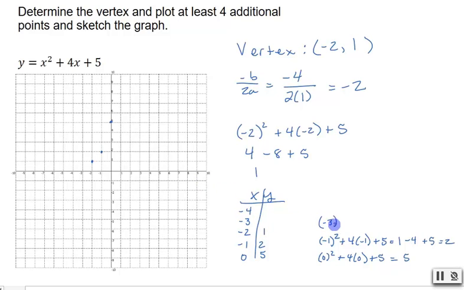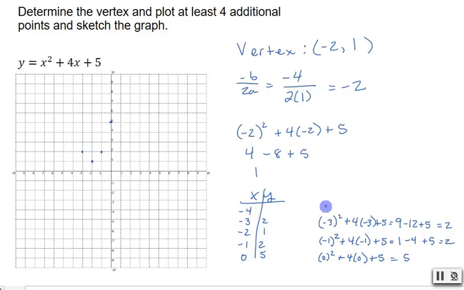Okay. Putting in a negative 3. Negative 3 quantity squared plus 4 times negative 3 plus 5. That's 9 minus 12 plus 5. That would be a negative 3 plus 5 is 2. So I have the point negative 3, 2.